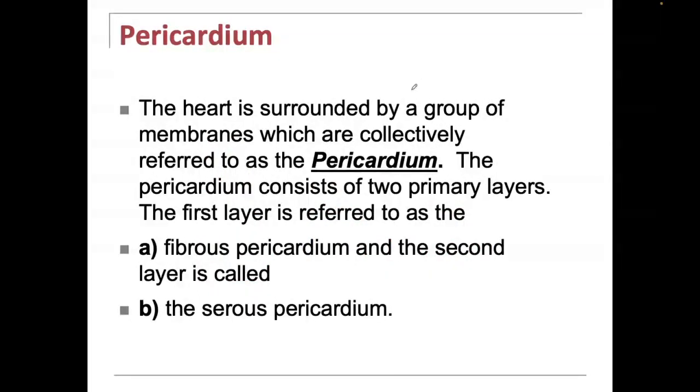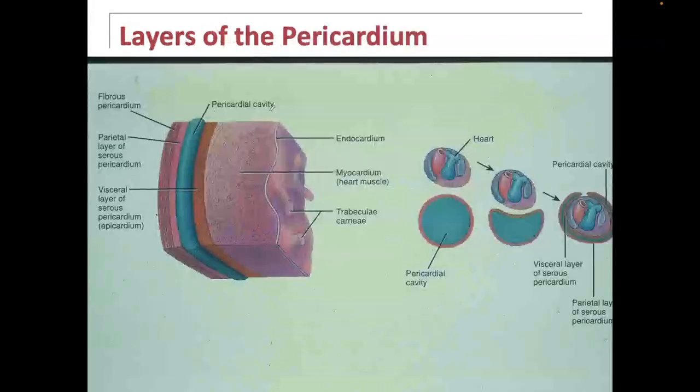So the heart is surrounded by a group of membranes collectively known as the pericardium. There's a fibrous pericardium, and then there's a serous pericardium. And remember, the serous pericardium has the visceral and parietal layer to it. So when we look again, we can see the fibrous pericardium is all the way here on the outside. And then we're going to have a parietal layer and visceral layer of the serous pericardium.